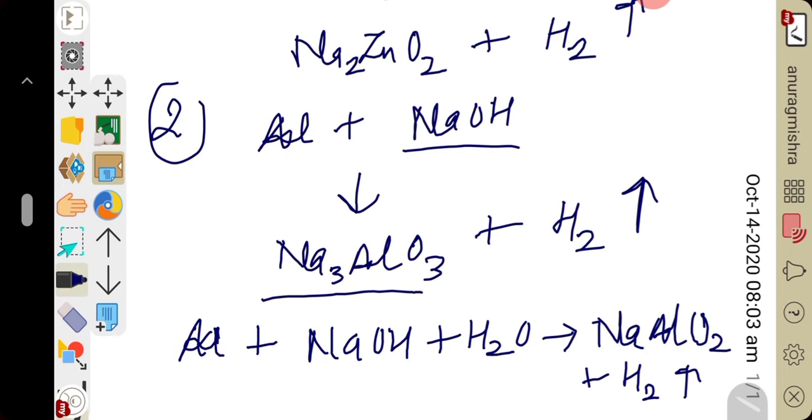To balance it, you have to put stoichiometric coefficients: 2 aluminium plus 2 sodium hydroxide plus 2 molecules of water gives 2 NaAlO2 plus 3 hydrogen molecules. Clear?